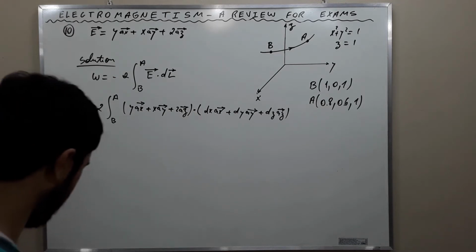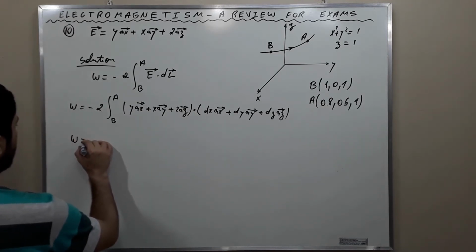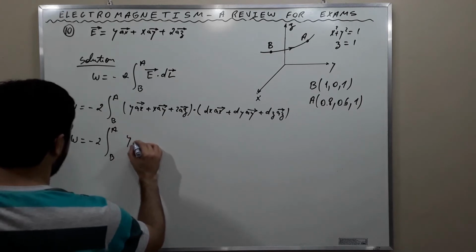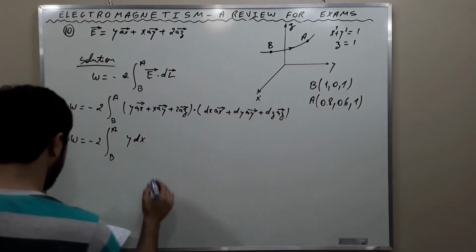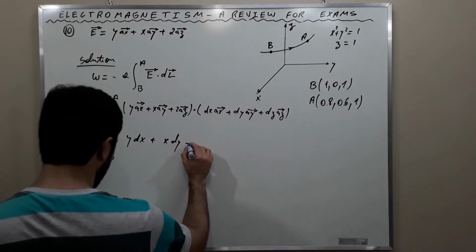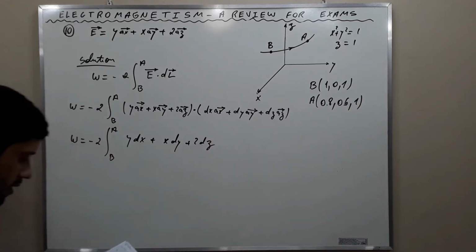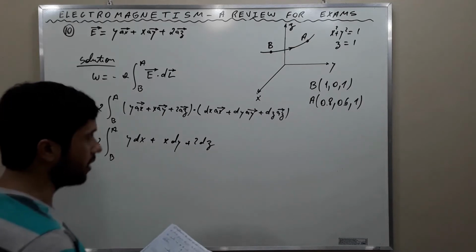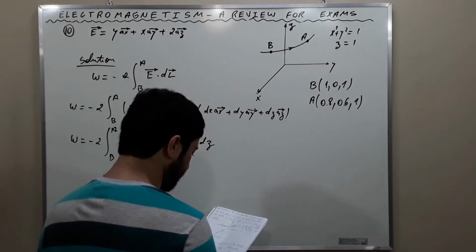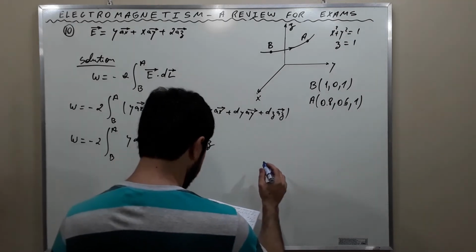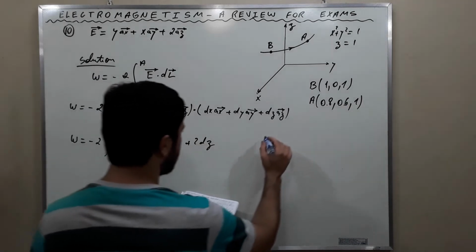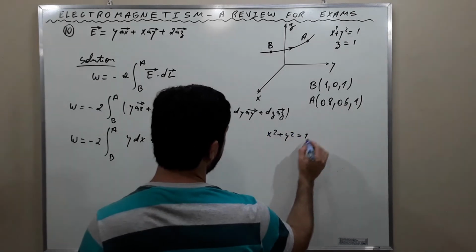Okay, and the work becomes negative 2 times the integral from B to A of y dx plus x dy plus 2 dz, and by understanding that due to the shape of the curve, we know that x squared plus y squared is equal to 1.